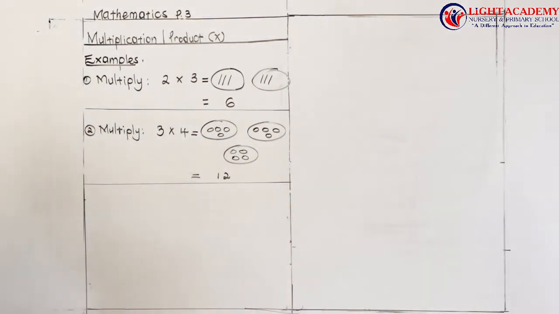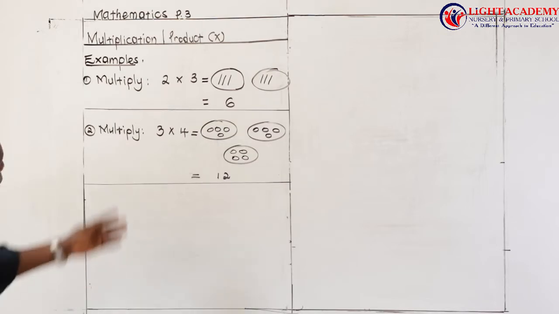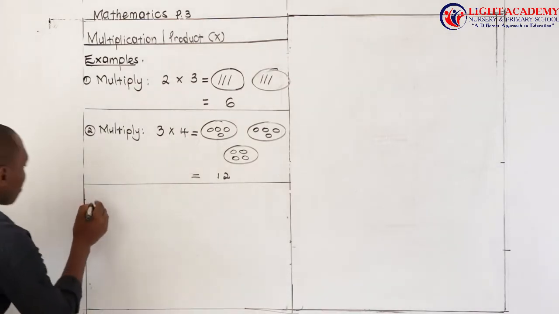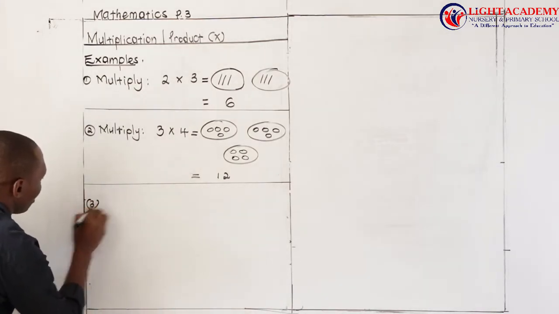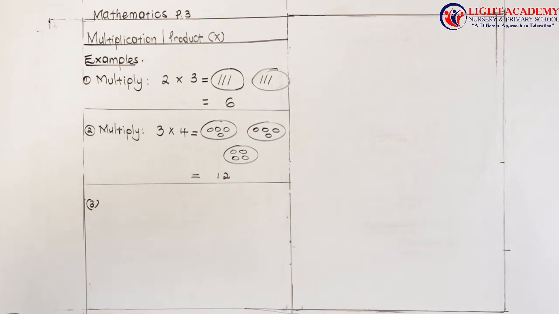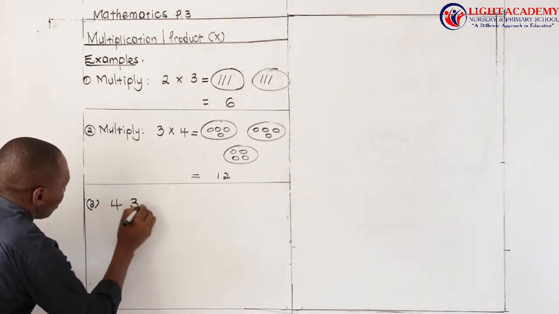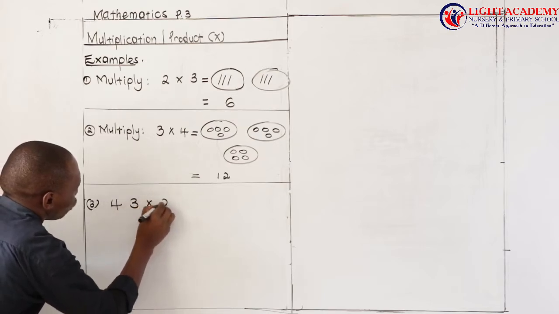But at this level, we can use the same idea to work out numbers organized in a vertical order. At this level of Primary 3, these bigger numbers appear to be common. Like we can say 43 multiplied by 2.